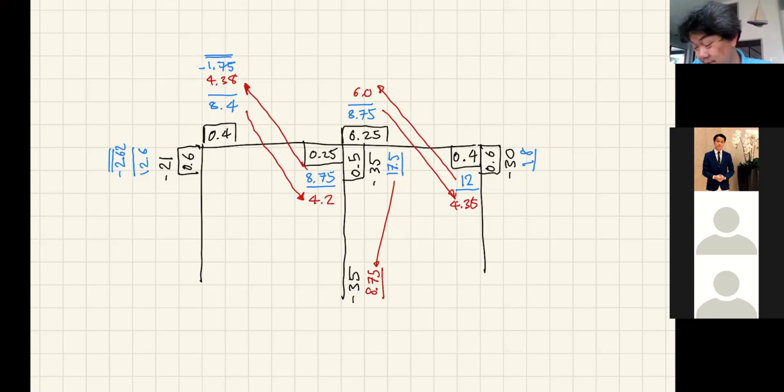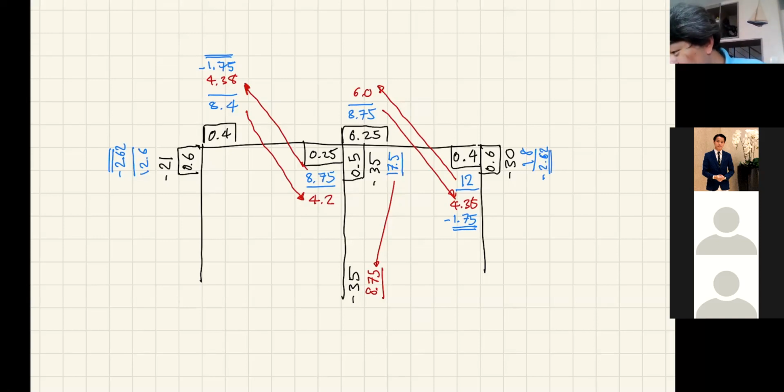For the column on the right, you got 4.38 coming in, so 40%, that's minus 1.75, and then 60% is minus 2.62.